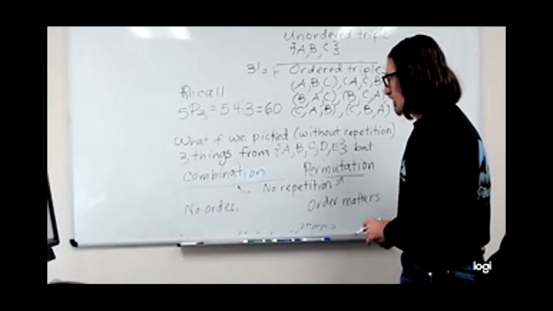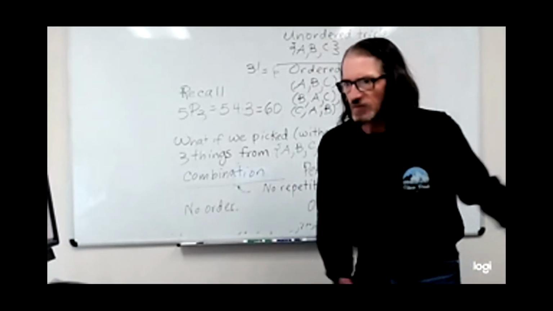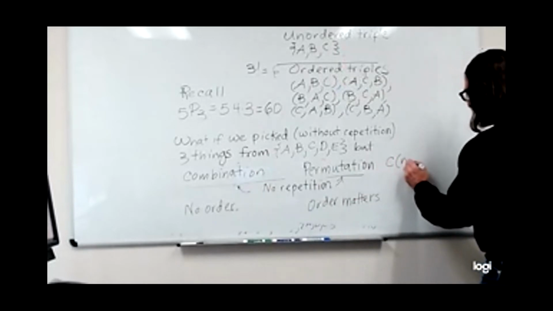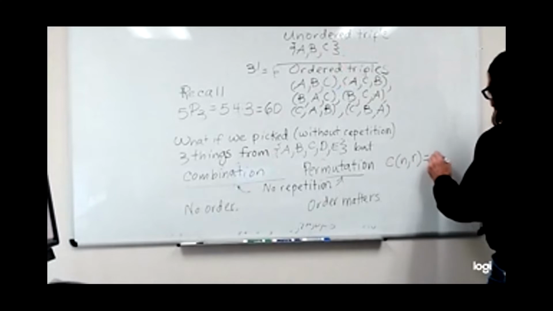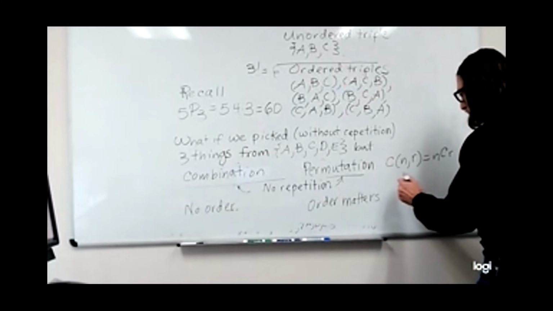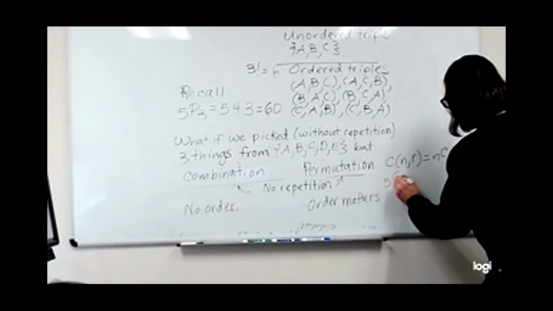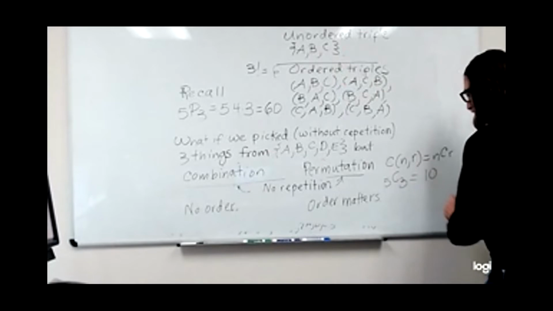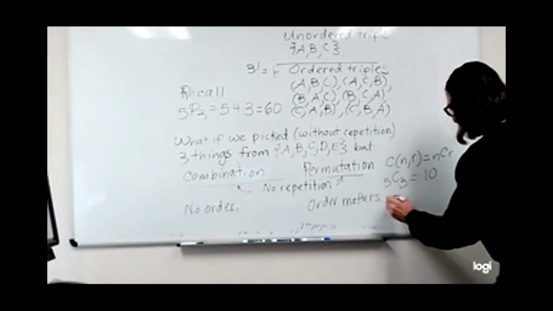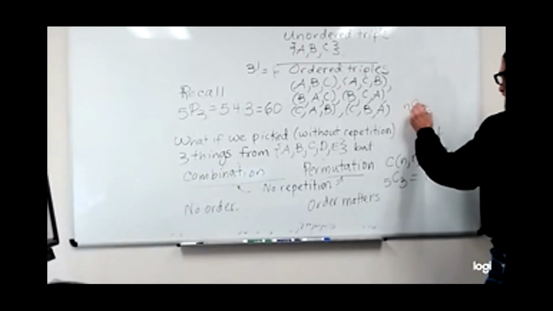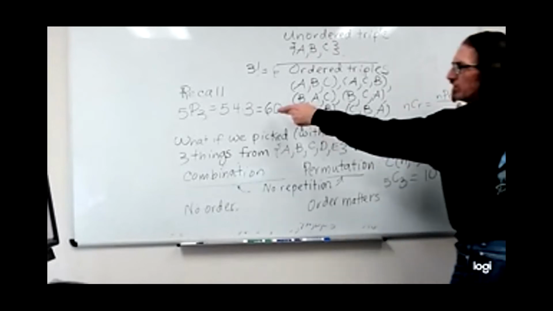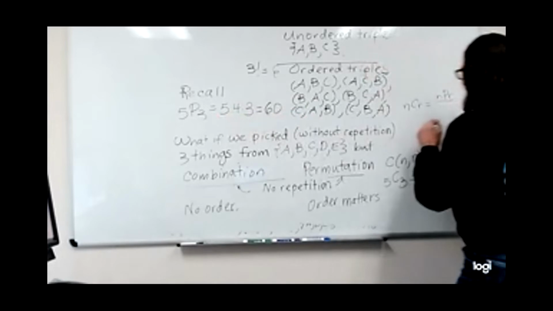Okay, so what we have just found out then is that the number of combinations is written in some textbooks as CnR, or in others nCr, which is the way it shows up on the calculator. We have found out that 5C3 is 10, and there's a formula involving the factorials. The one I prefer is to find out how many permutations there are and then divide by r factorial.